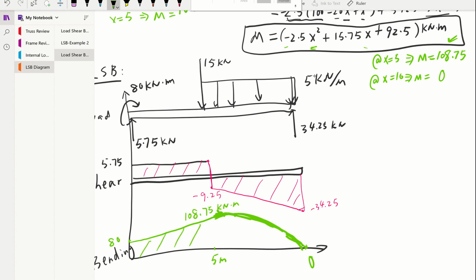So this defines what our bending moment curve looks like for this beam. The interesting point we're looking at is this point, which is a peak. That's going to be our maximum bending. For this problem it will be 108.75 kilonewton meter. Okay, so that concludes this problem.